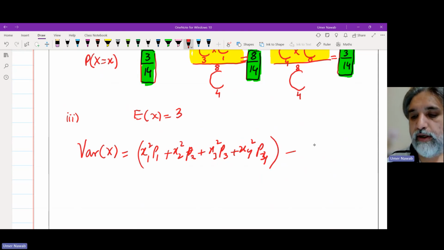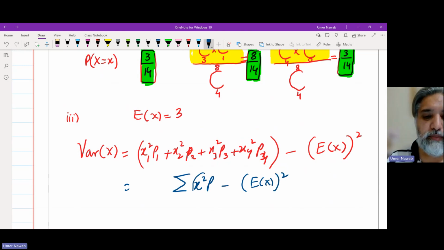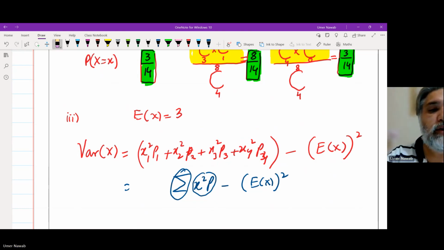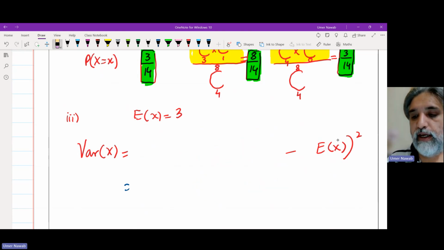Once you do this, then minus expected value square. And this formula you have seen over there in MF19, where they wrote sigma x squared p minus E(X) squared. So the product of square of the random variable with the corresponding probability. And sigma tells you that we need to add all these products. So my friends, you already have an idea about the formula for the variance.